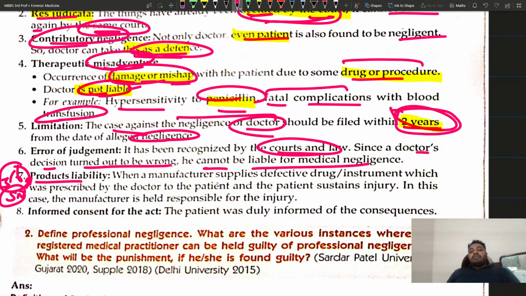When a manufacturer supplies a defective drug or instrument which was prescribed by the doctor and the patient sustained injury, in this case the manufacturer has the responsibility, not the doctor. Now, informed consent: the patient was duly informed of the consequences.